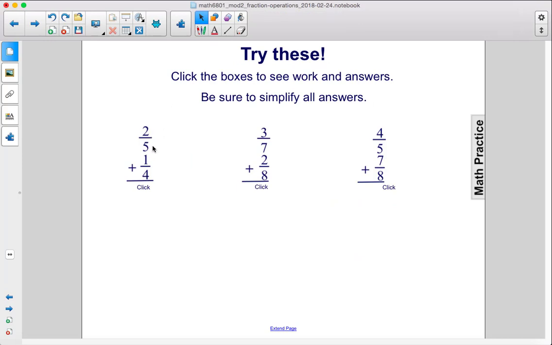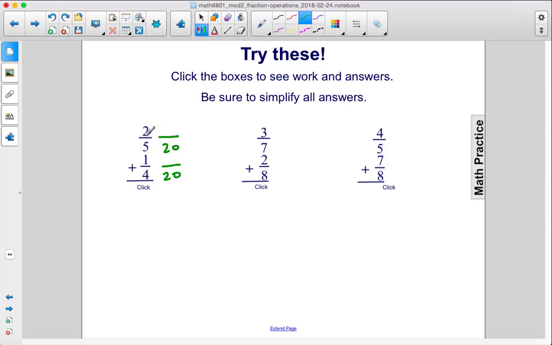Alright, so we have 2/5 plus 1/4. What is our common denominator here? Well, an easy way to find a common denominator is just to multiply the denominators together. So 20. 20 is a common denominator for 4 and 5. You have to multiply 5 by 4 to get 20.